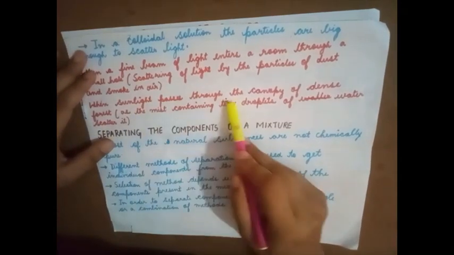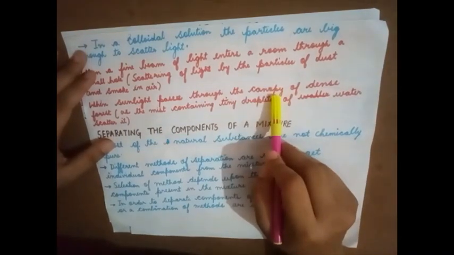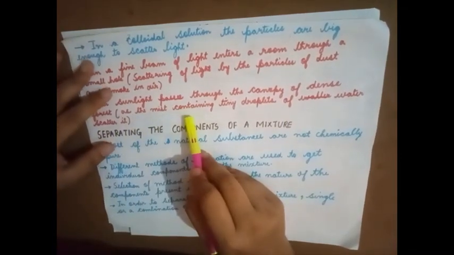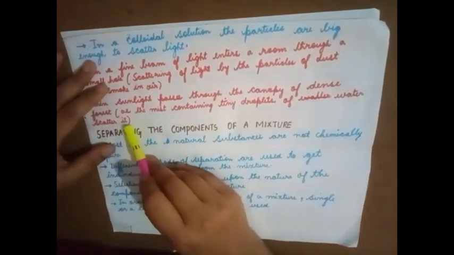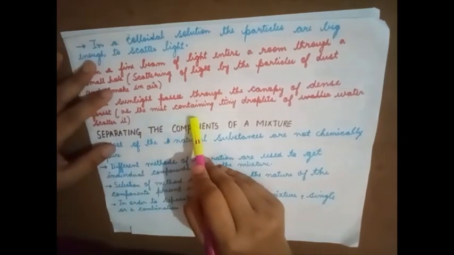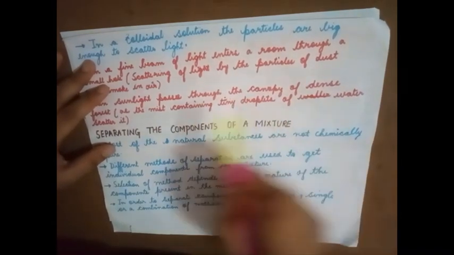When sunlight passes through the canopy of a dense forest, canopy is nothing but a protective layer formed by the leaves, as a mist containing tiny droplets of water scatters it. So here what brings about scattering of light? It is nothing but tiny droplets of water.